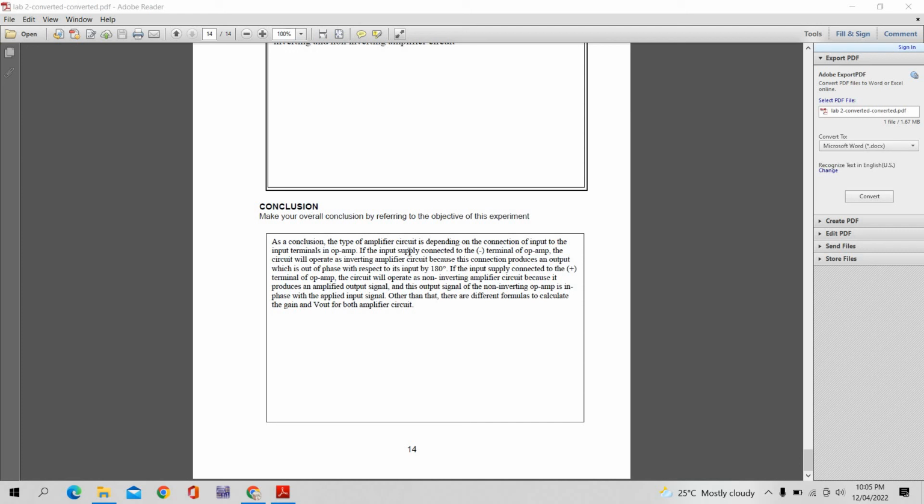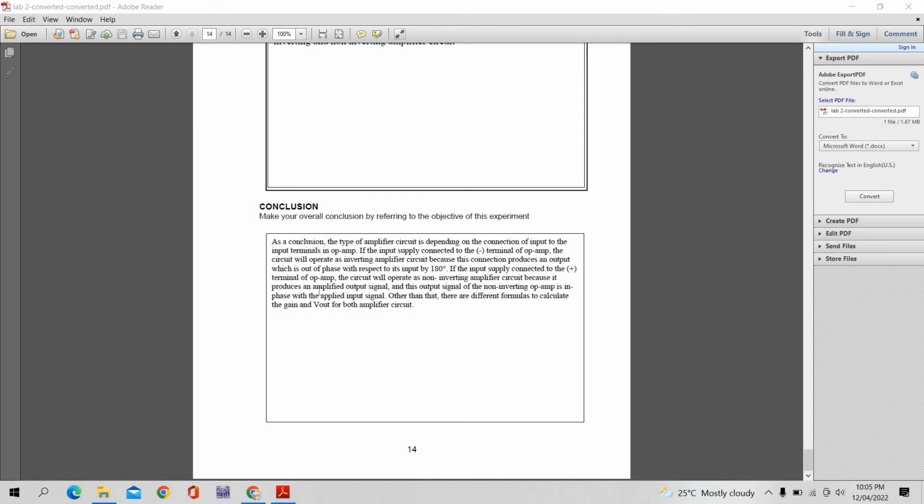If the input supply is connected to the negative terminal of the operational amplifier, the circuit will operate as an inverting amplifier circuit, because this connection produces an output which is out of phase with respect to its input by 180 degrees.